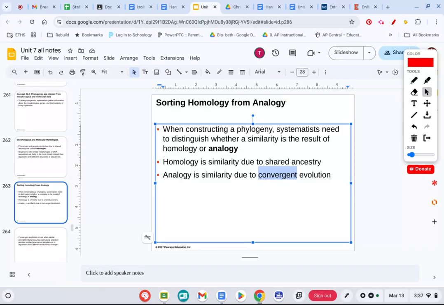So you could be in a completely different place in the world, but if the environment is the same, it may pressure the population into evolving in a certain way. So you get flying as a way to be really successful, even though there's not a common ancestor between those species.